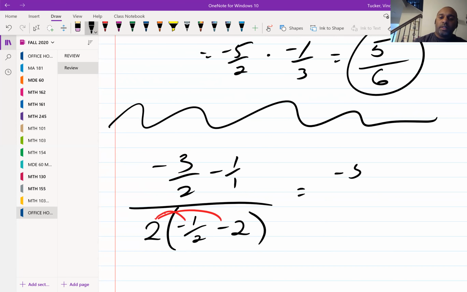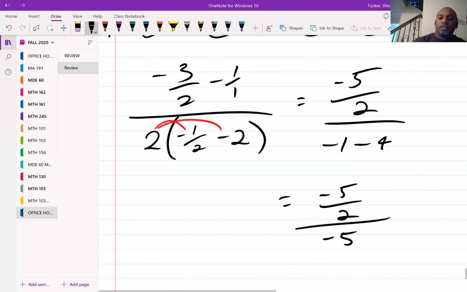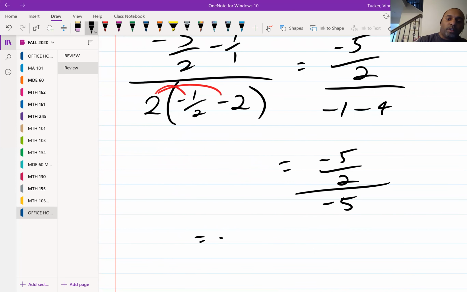And so up here, this turns to negative 5/2. Then down here, what you have is negative 1 minus 4, that'll be negative 5. And then if you finish it off, negative 5/2 divided by negative 5.